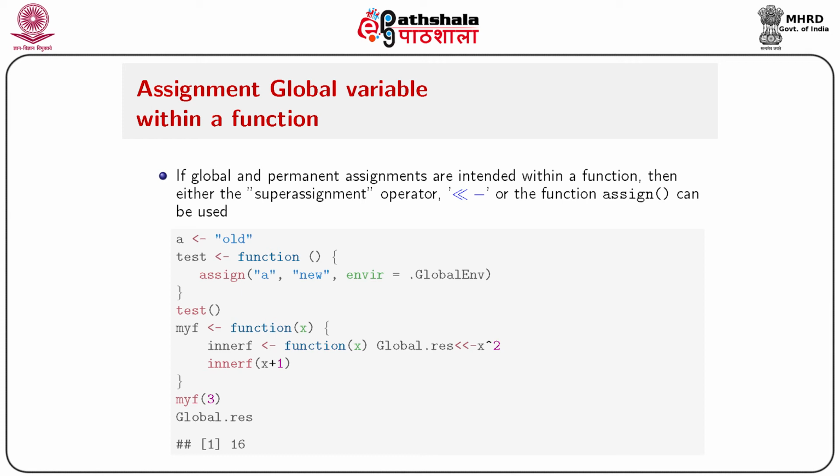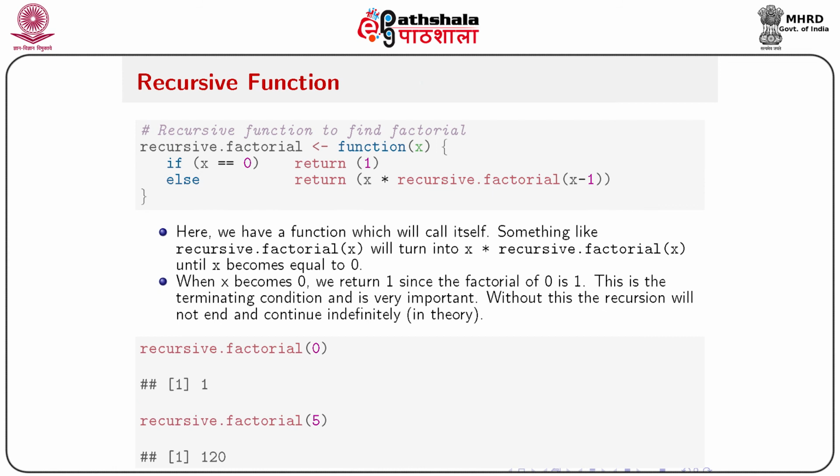That is, instead of assign, I am using that super assignment operator, equal to x square. And then inner f equals inner f, you can pass x plus 1. Then if you call my f 3, it will give you 16 that has been assigned there.